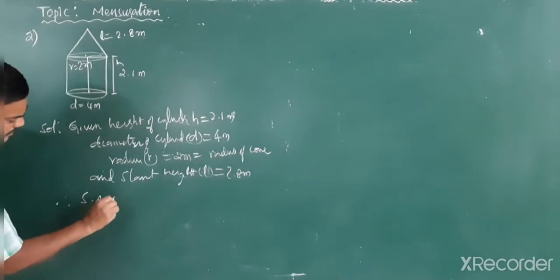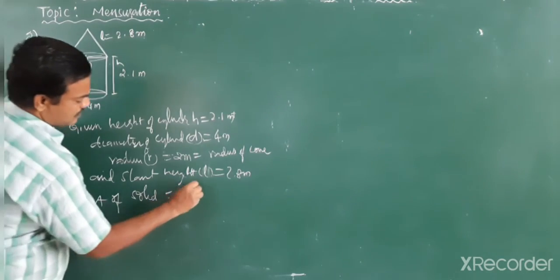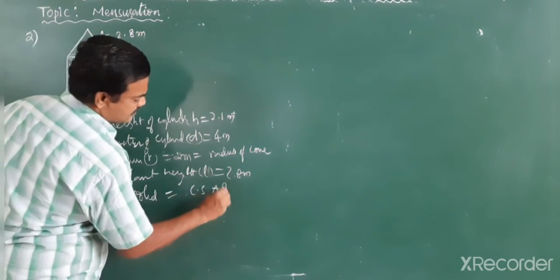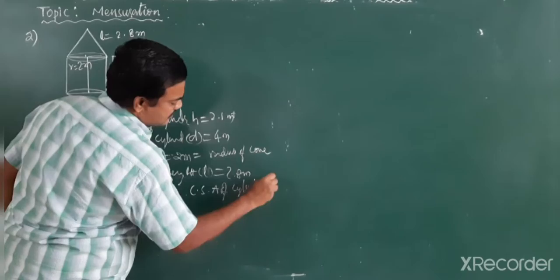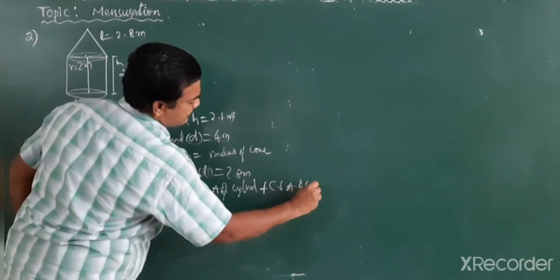Therefore, surface area of the solid is equal to CSA of cylinder plus CSA of cone.